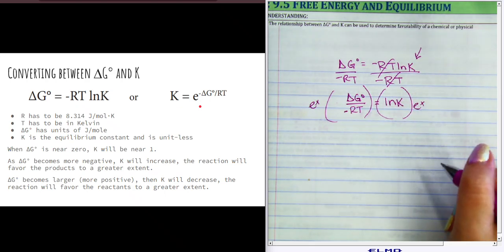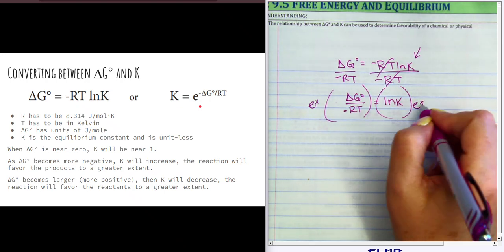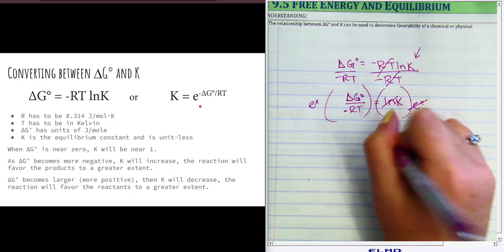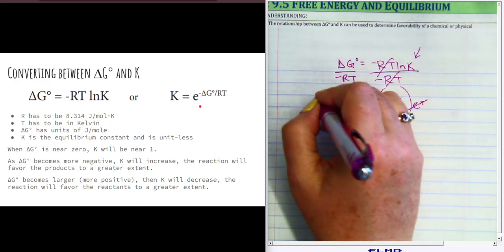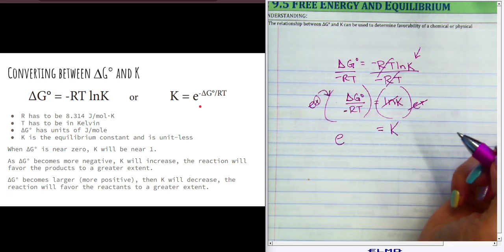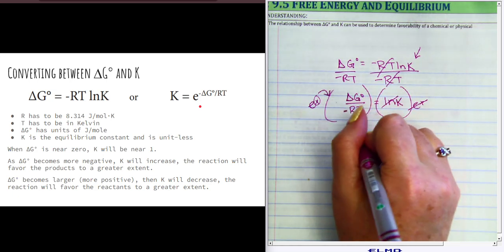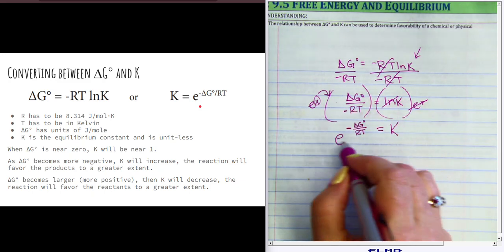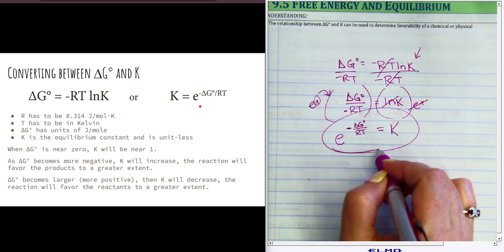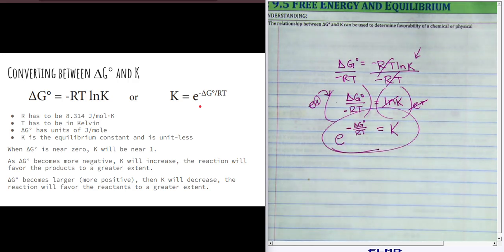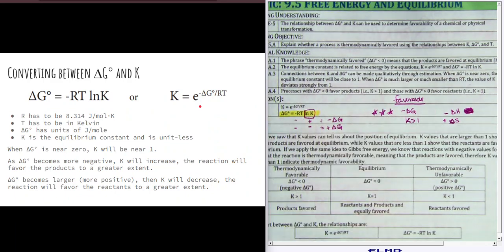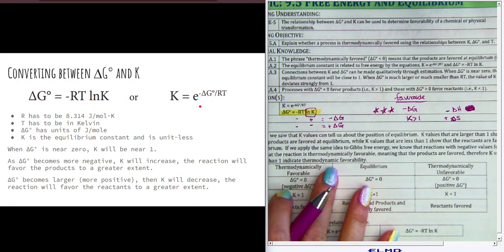And so e to the x and natural log cancel because they're inverses. So then I just have K equals e to the x, and x is everything here. So the exponent becomes negative, whatever the delta G value is, over R times T. So that's where that equation is coming from, here and also on the slide, on the PowerPoint. So be able to do the algebra to work through that.